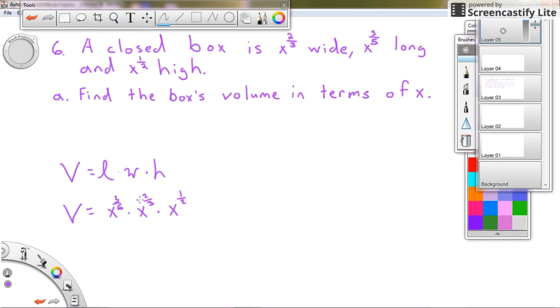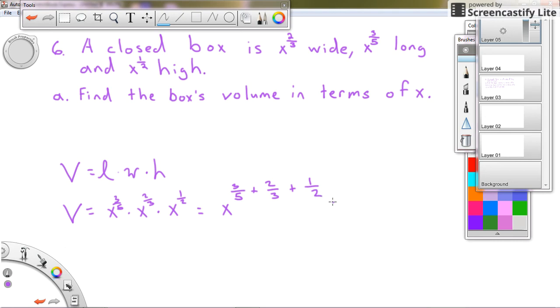Okay, I'm multiplying powers that have the same base, so my answer is going to be x to the 3/5 plus 2/3 plus 1/2.